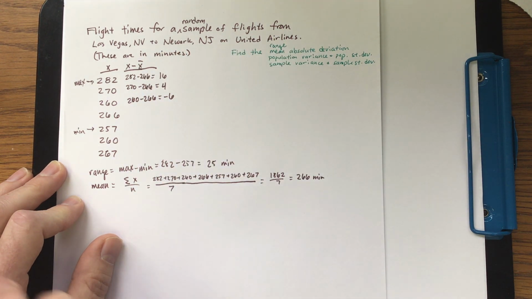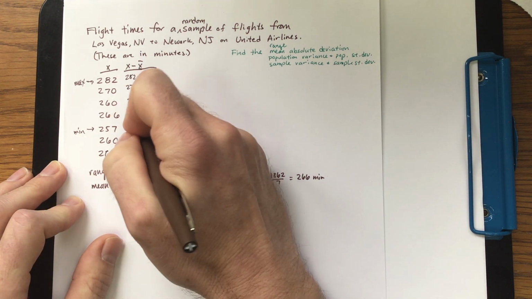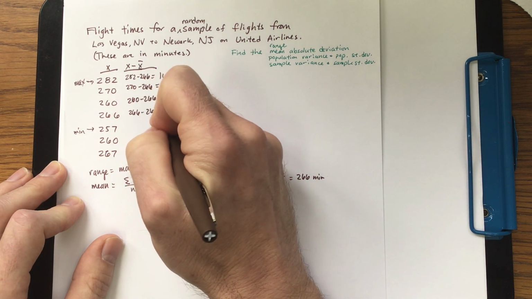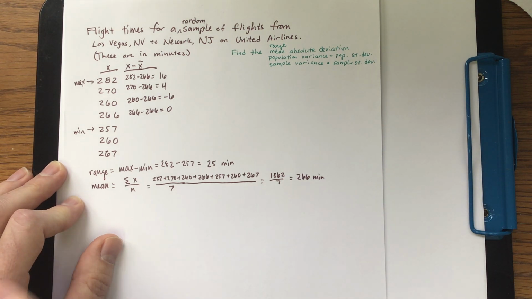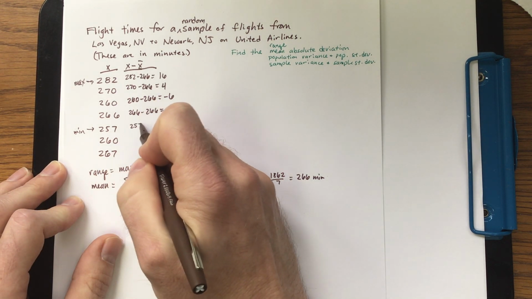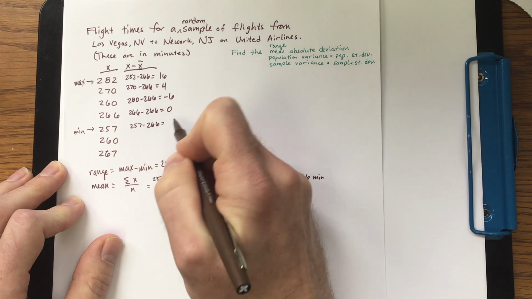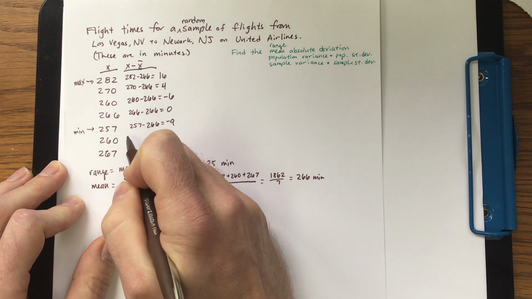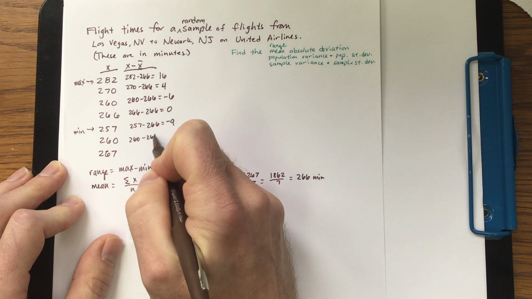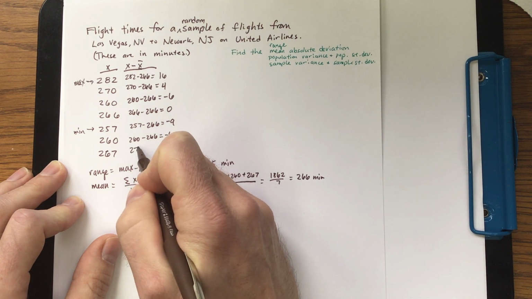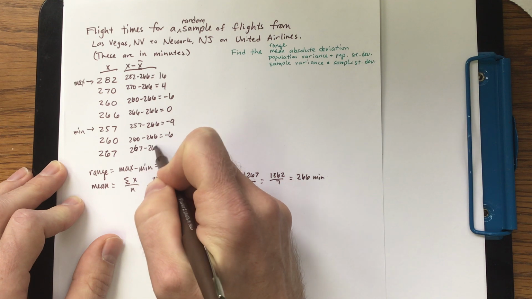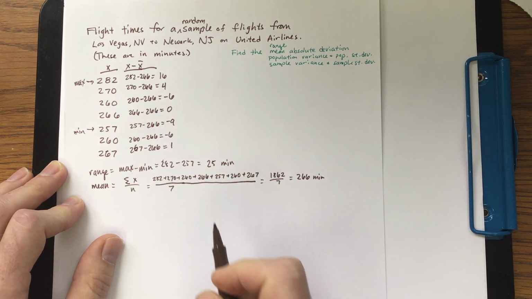Watch out on that negative there, negative 6. 266 minus 266 is 0. That one took the average amount of time for this sample. 257 minus 266, this is going to be a negative again, negative 9. 260 minus 266, I feel like I did that one already. And 267 minus 266 is 1.